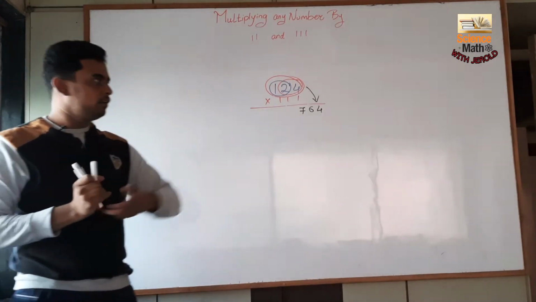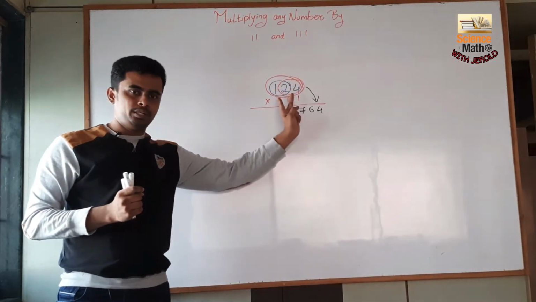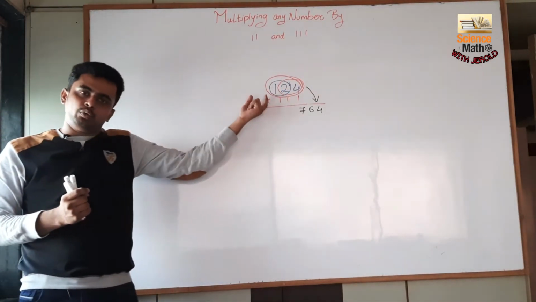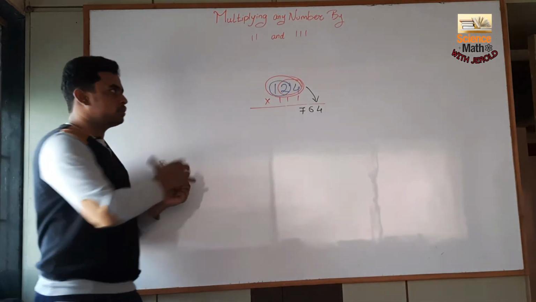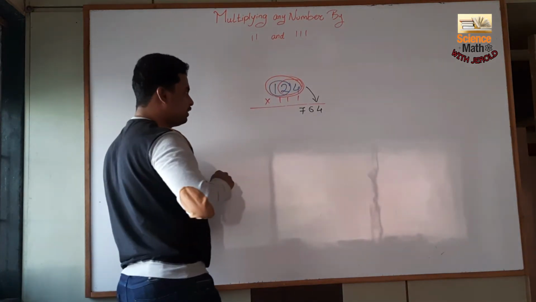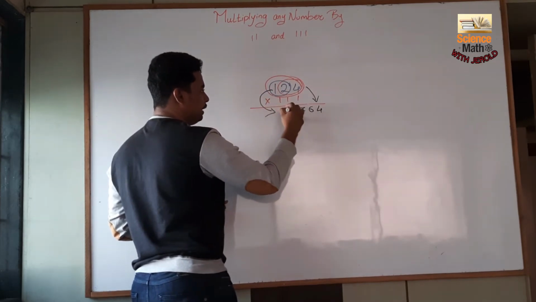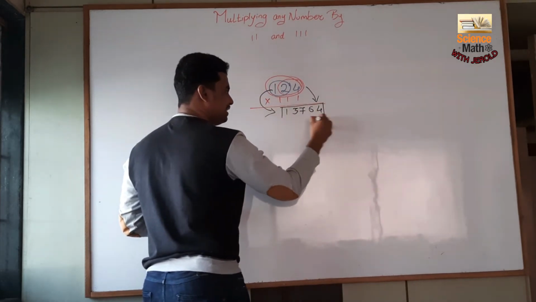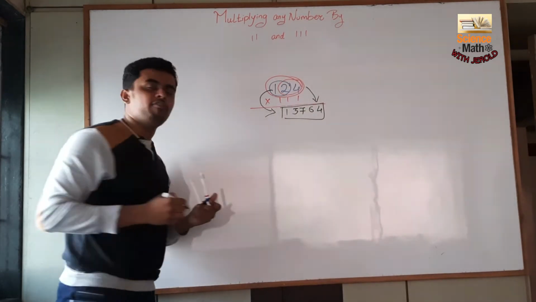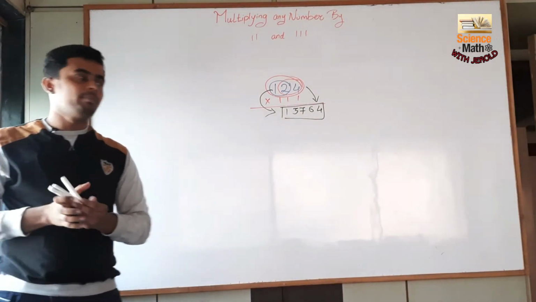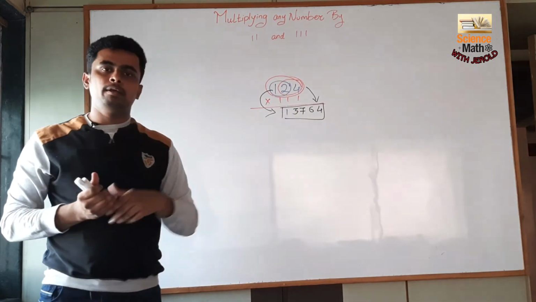How did we go? First 1 digit, 2 digits, 3 digits, then 2 digits and again back to 1 digit. So adding these two numbers will give me the answer 3, and then finally the one that remains comes down. So this is how any number can be multiplied by 111.